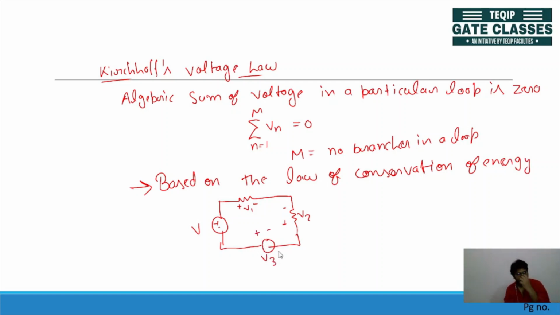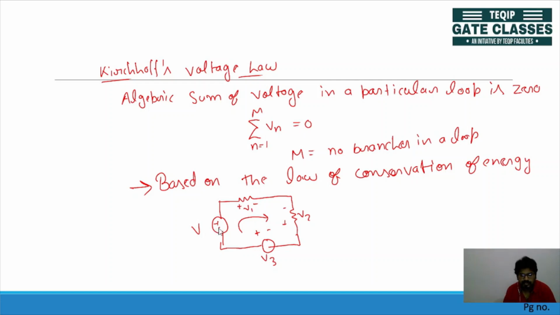So if we have to apply KVL here, we travel in a loop, and the terminal which comes first will be taken as the sign.